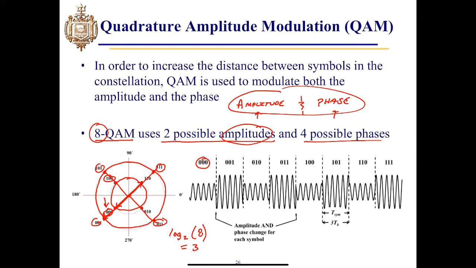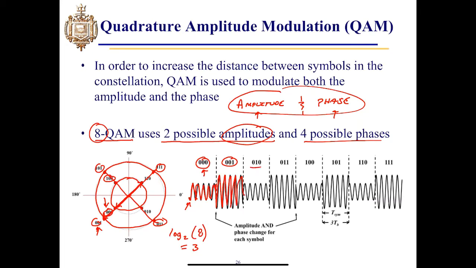I know it's hard for us to see that it's 225 degrees out of phase, but trust me, at the receiver, it knows that the phase shift is 225. If we wanted to send a 001, notice 001 here is again a 225 degree phase shift at a higher amplitude. So that's why it's the same phase shift as 000, but now a higher amplitude.